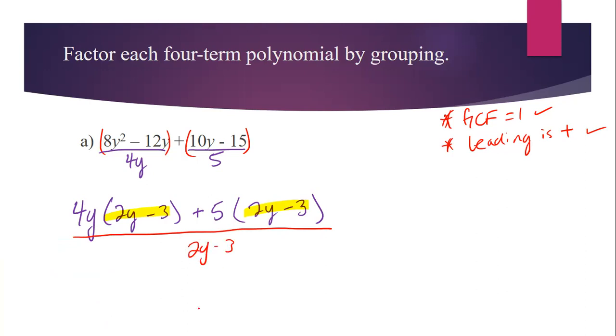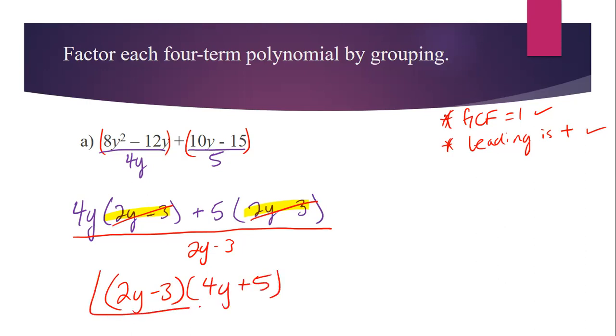I'm factoring it out, which means I'm dividing out 2y minus 3. So when I divide out 2y minus 3, what am I left with in each one? 4y and 5. So there are my factors. Let's repeat what we did.